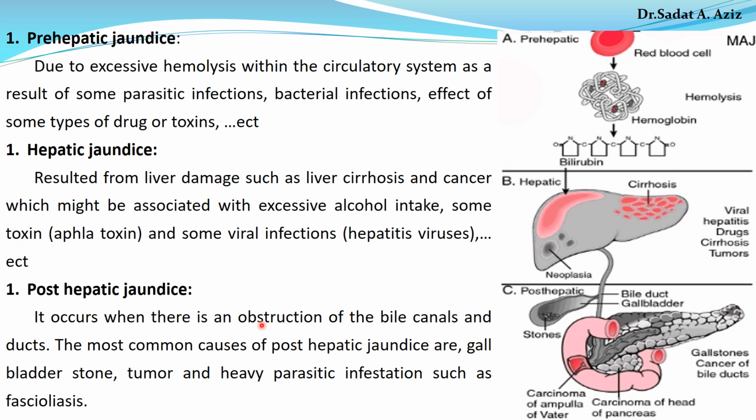Then we have the third type of jaundice, which is called post-hepatic jaundice. It means what? The defect is related to the structures which are below the level of the liver, or which are not directly related to the function of the liver, such as when there is an obstruction of the bile canals and canaliculi.